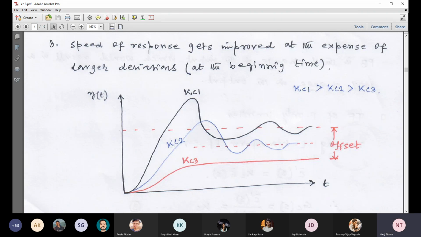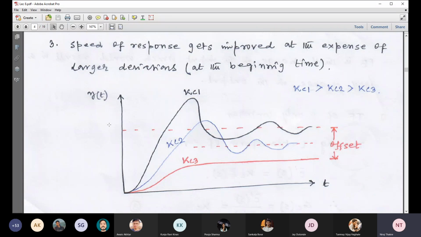So this red dotted line is basically our Y set point. So I think you are understanding the third point.